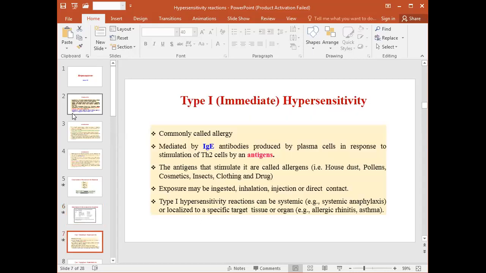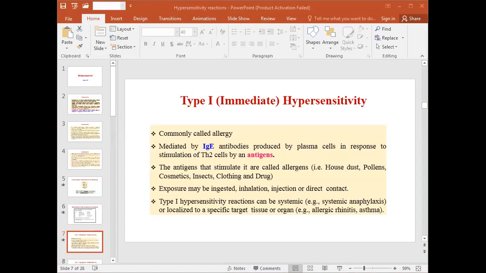So now I'm coming to type 1 hypersensitivity reaction. Type 1 hypersensitivity reaction is the most common type of reaction, known as the allergic reactions mediated by IgE. These reactions are known as immediate reactions and are seen in anaphylaxis, allergic asthma, eczema.